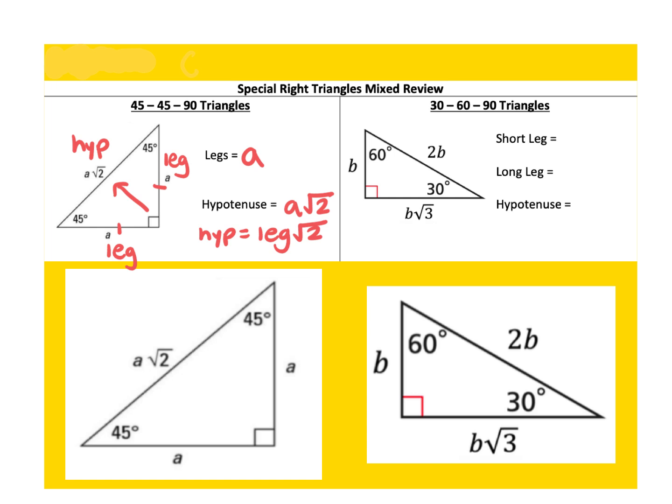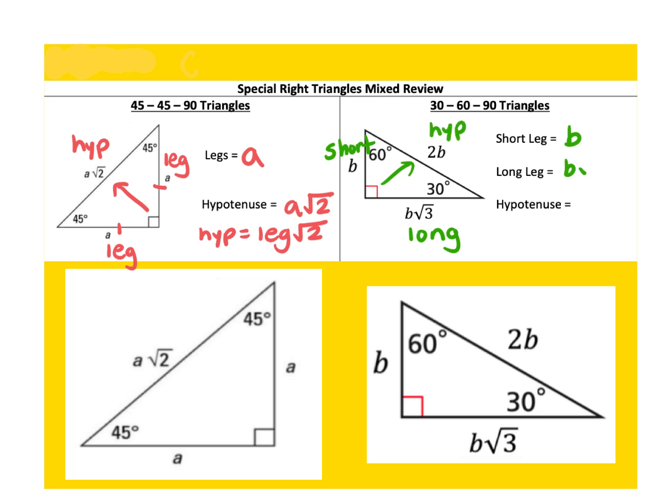When we have a 30, 60, 90 triangle, there is a short leg, which is going to be opposite the 30-degree angle. So in our picture, the short leg is the B. The long leg is opposite the 60-degree angle. And again, the hypotenuse is always directly across from the 90-degree angle.